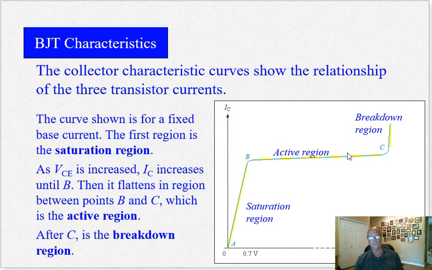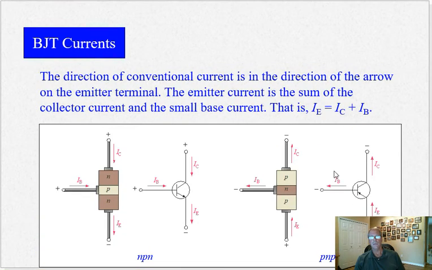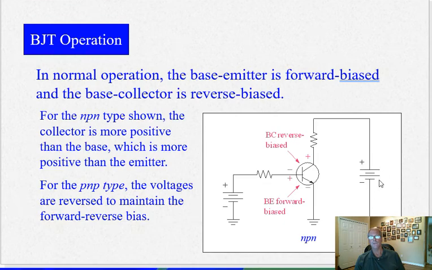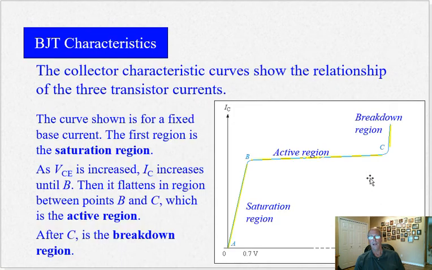We call it a characteristic curve for a transistor, showing the relationship between the collector-emitter voltage and the collector current. As you increase your collector-emitter voltage, basically turning up this voltage source, your collector current goes up.